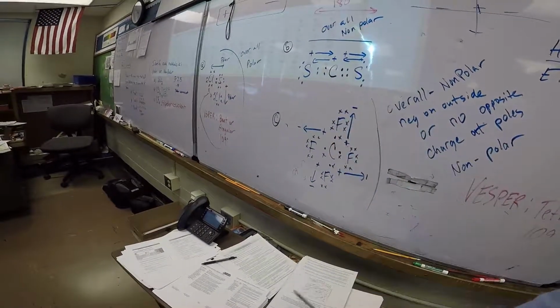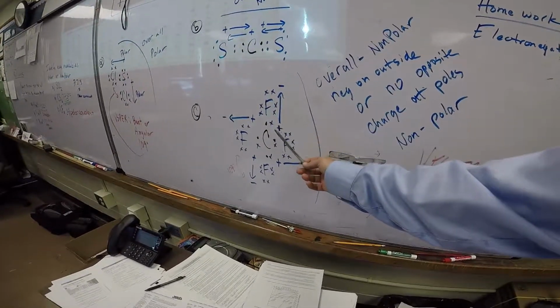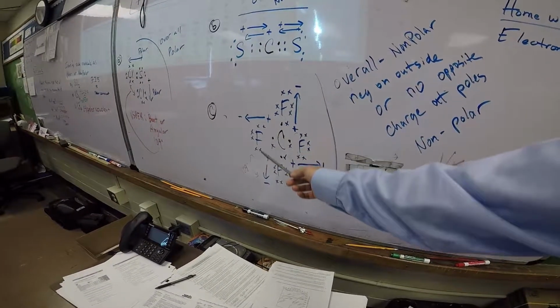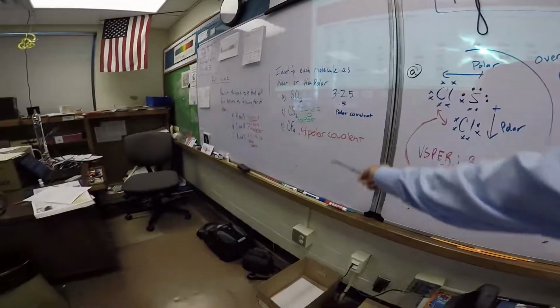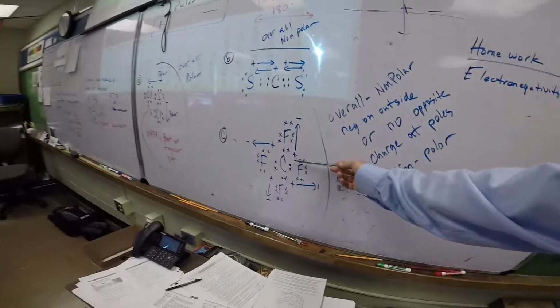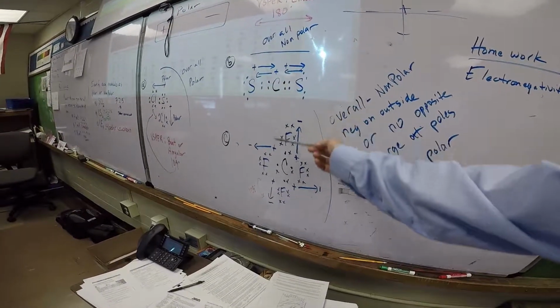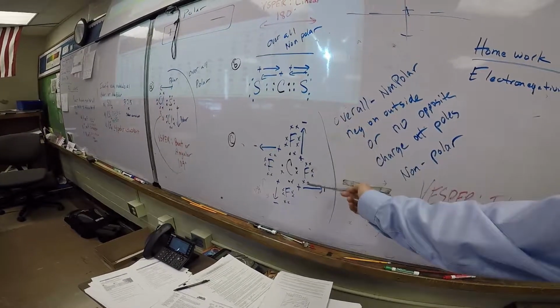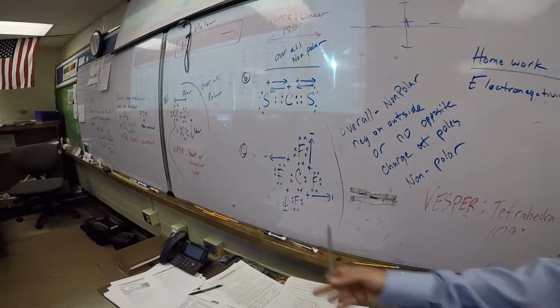It desires 8 around it. There are 4 fluorines. The fluorines are in X here in blue. So we now have 8 around the carbon. Now based on this bond type right here, the electron is going to be drawn away from carbon, and it's going to be more negative on the fluorine. Does everybody see how that's the case based on the math that we just did? It says it's going to be polar, the carbon-fluorine bond.